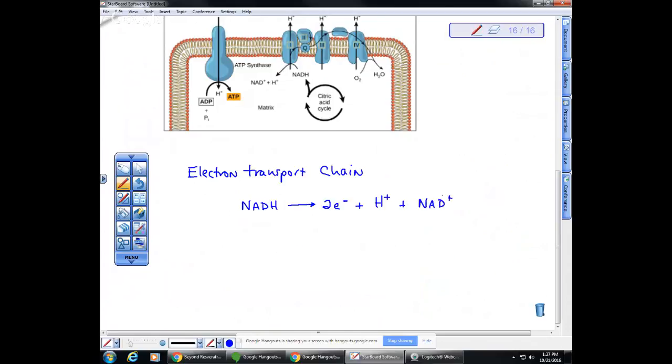So this would be oxidation because it's losing electrons. So remember that OIL, oxidation is losing, okay?